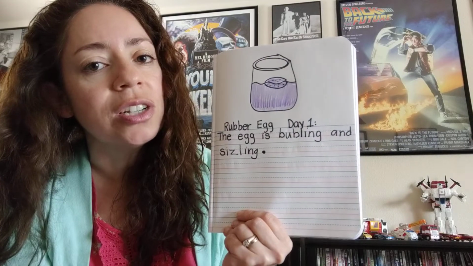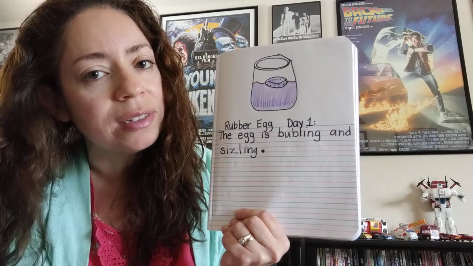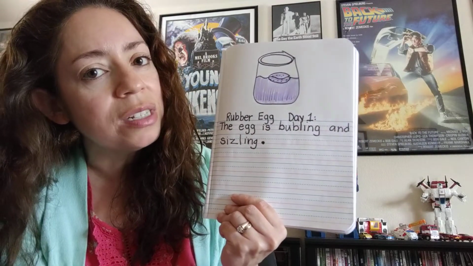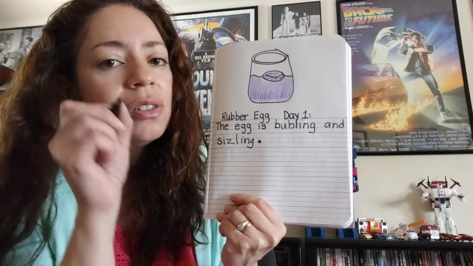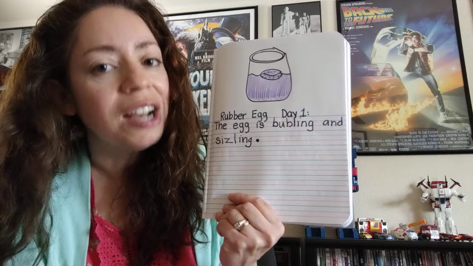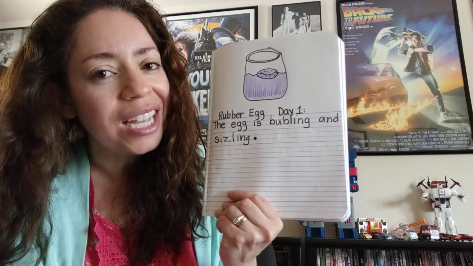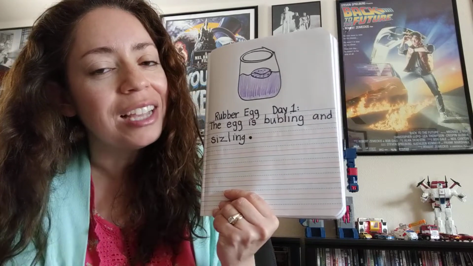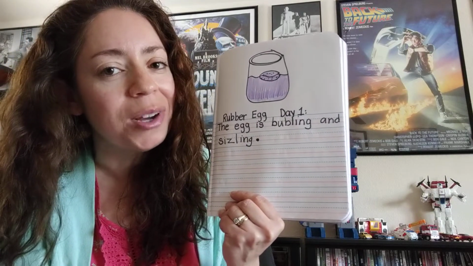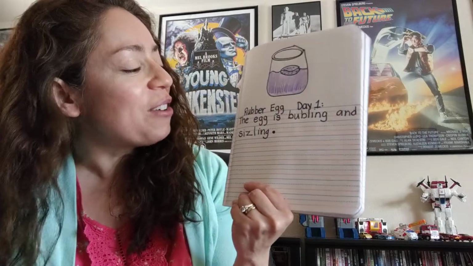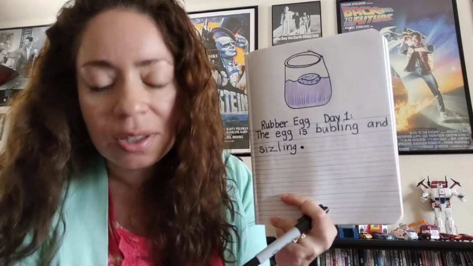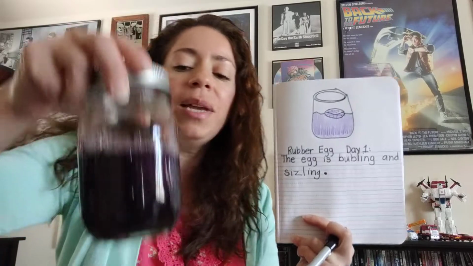Can you please make sure your periods don't look like bowling balls? We have to start making these periods look like first grade periods, which look like slightly darkened dots. Okay, so please do your very, very best with not making ginormous bowling balls for your periods. All right, the egg is bubbling and sizzling. So that's one observation that I've made.